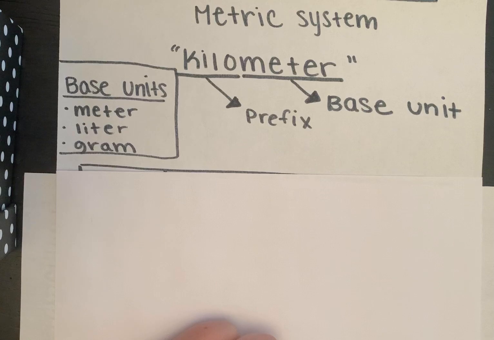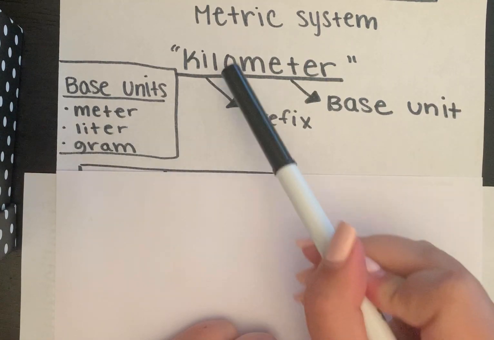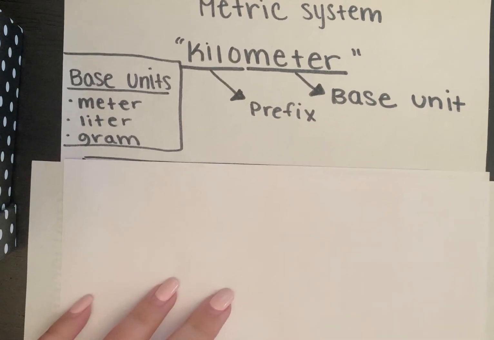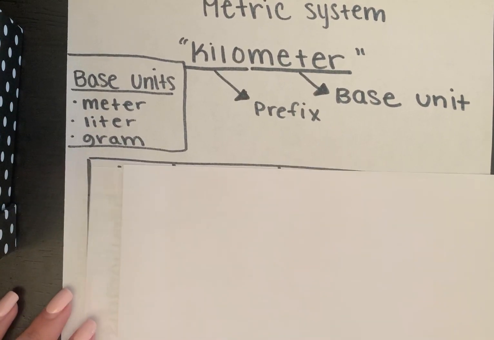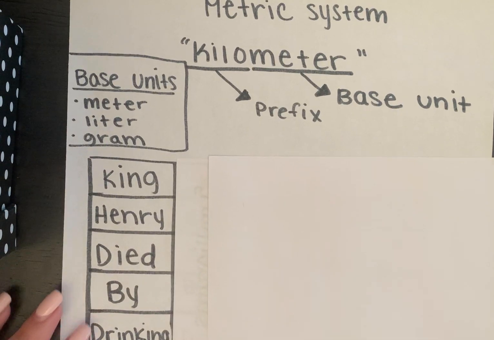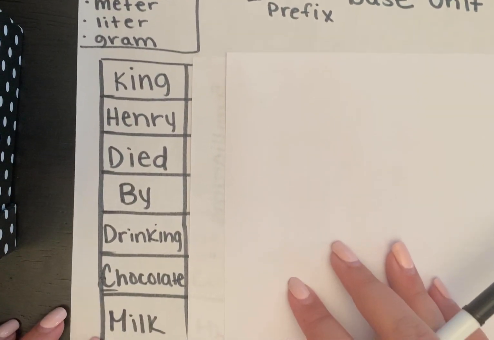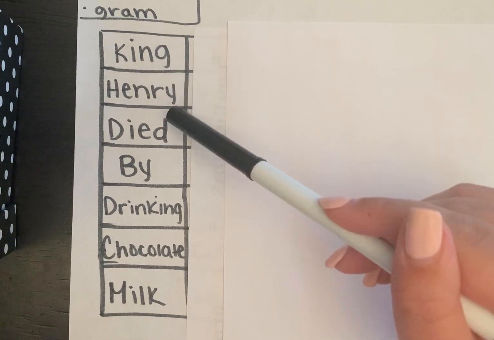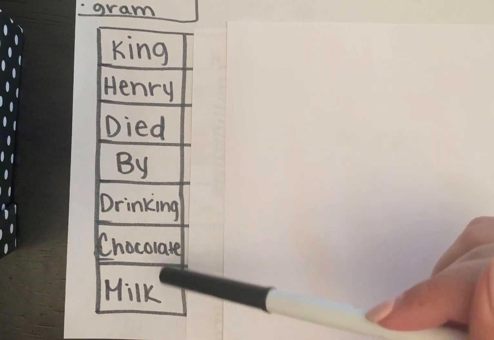Okay, we talked about the base units. Now we're going to talk about the prefixes. Prefixes are going to be pretty easy. We have a very easy way to remember them. Our little phrase that helps us remember the order is King Henry died by drinking chocolate milk.